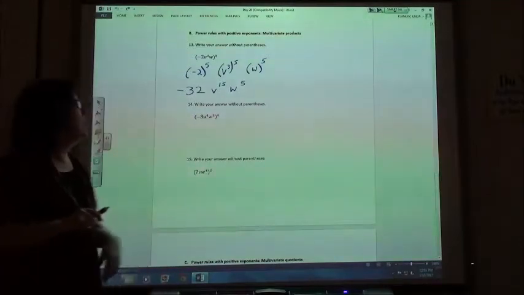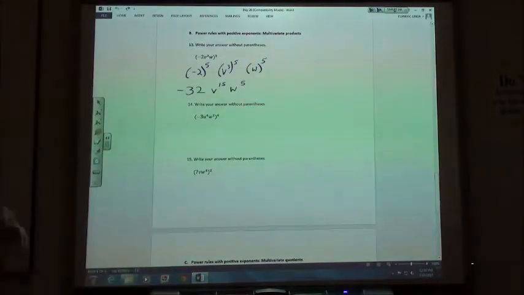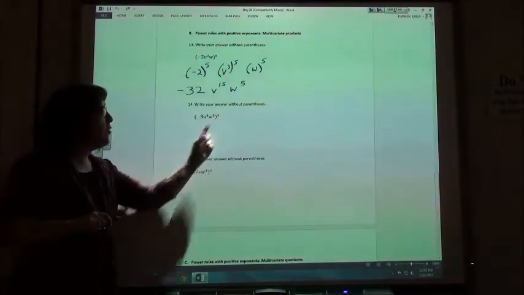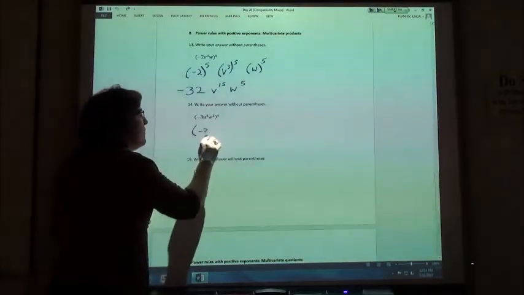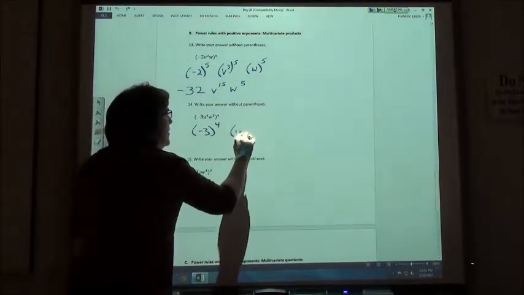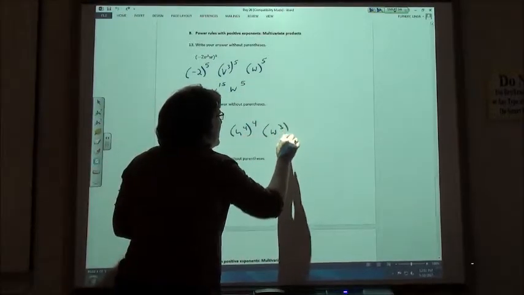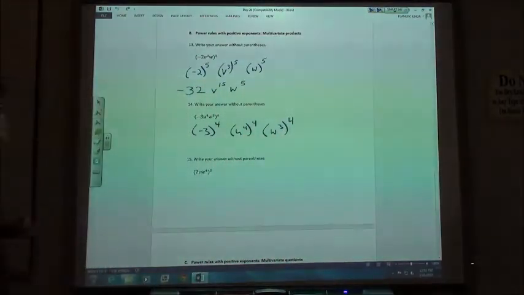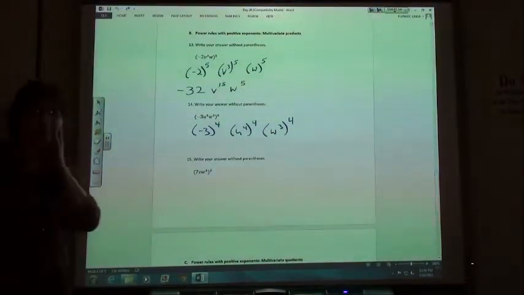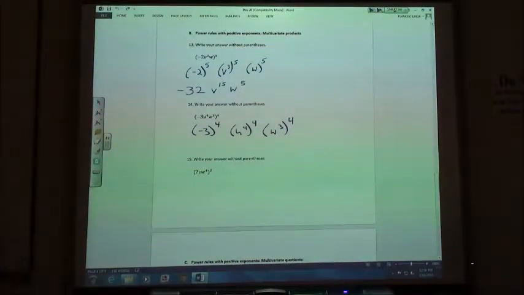So, number 14, I want to get rid of my parentheses. I'm raising it to the 4th power, so I'm going to do the negative 3 to the 4th, the u to the 4th raised to the 4th, and then the w cubed raised to the 4th. So if I take negative 3 to the 4th power, parentheses, exactly.